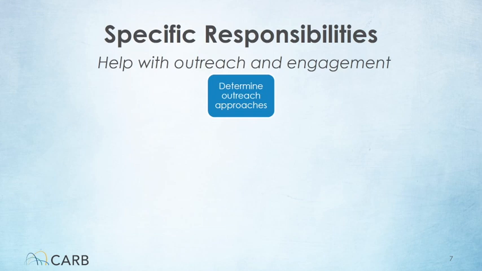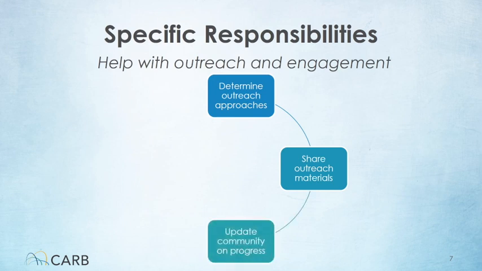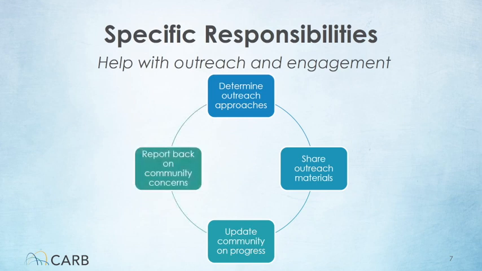Community members are often representing neighborhood groups or other organizations. It is important for them to share outreach materials with their local communities to encourage participation. In many cases, committee members serve as liaisons by updating local residents on the progress to date and reporting back to the committee as a whole on their concerns.